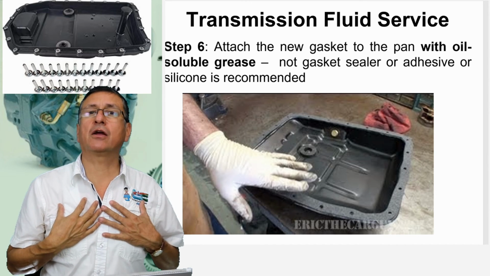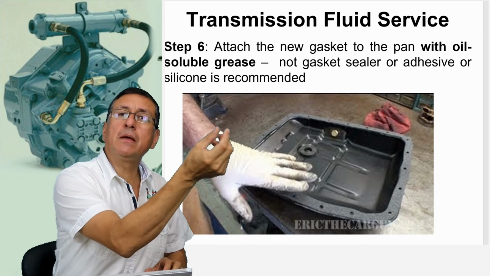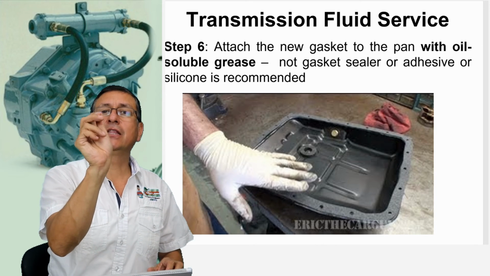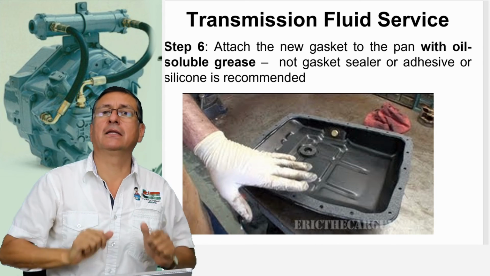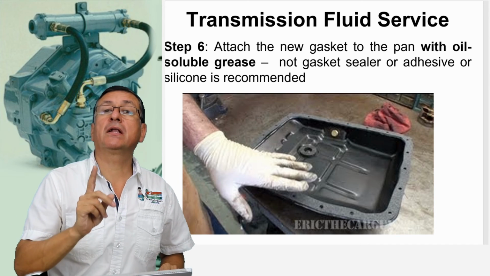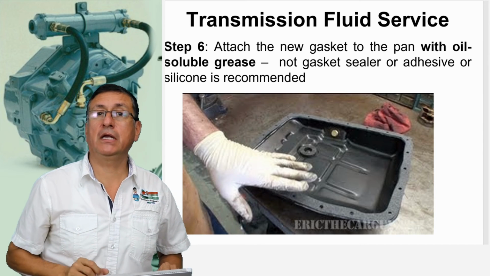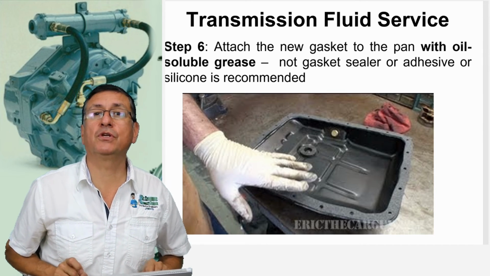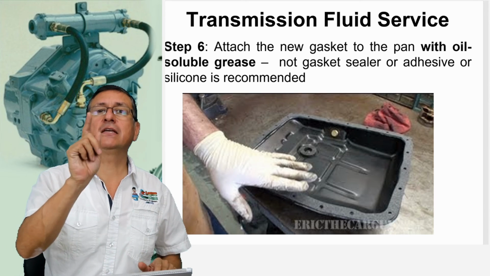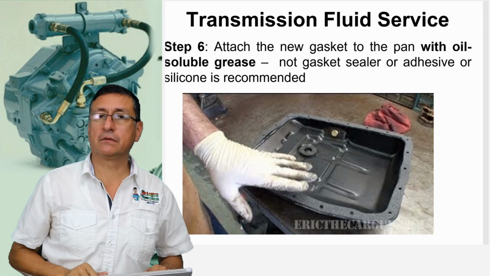For that reason, I recommend that with your hands you try to enter all the bolts before you put back the oil pan, and verify that those bolts enter properly and tight. If one bolt enters and is spinning, you need to repair the thread, or insert a bushing. In the intro class, I explained the procedure to install bushings, inserts, and fix that thread. If not, after that you have a leak over there.